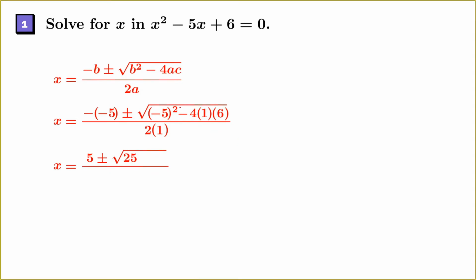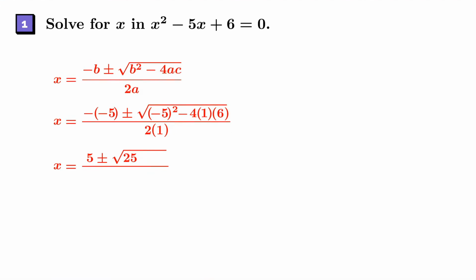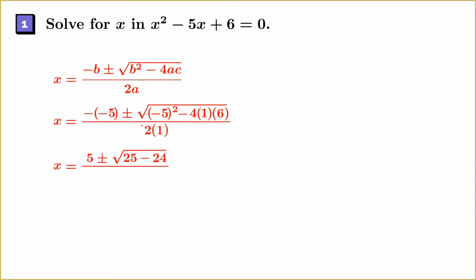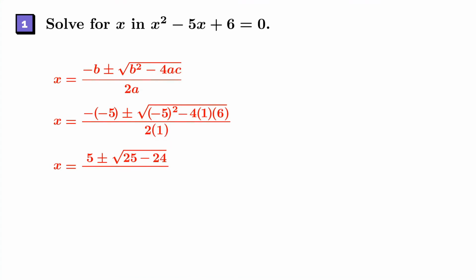And then, negative 4 times 1 times 6, that is negative 24. So, minus 24. Sa denominator naman, meron tayong 2 times 1. So, that is equal to 2.